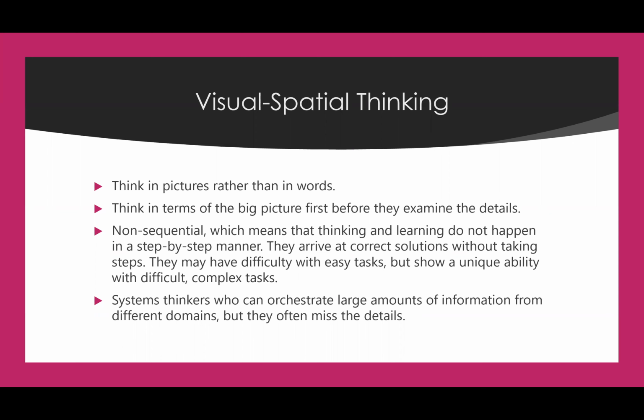So systems thinkers are visual spatial thinkers, and they can orchestrate large amounts of information from different domains, social, economic, political, but they often miss the details. And that may be the difference between a manager and a director, for example. They're coming from different perspectives, so they may have different prerogatives as to what they see as the most important and how you get there.